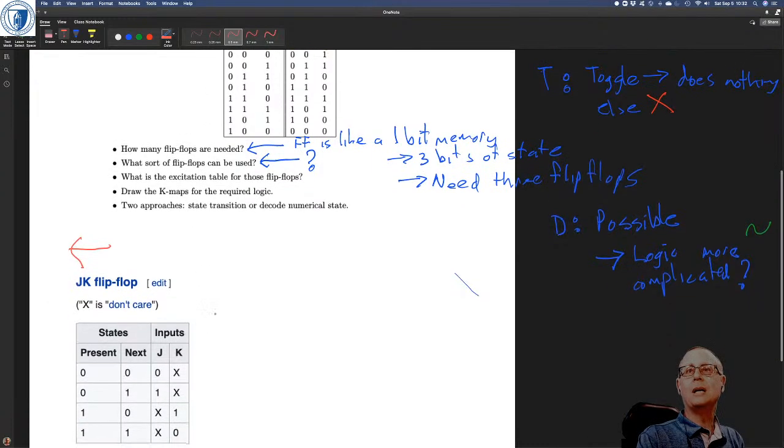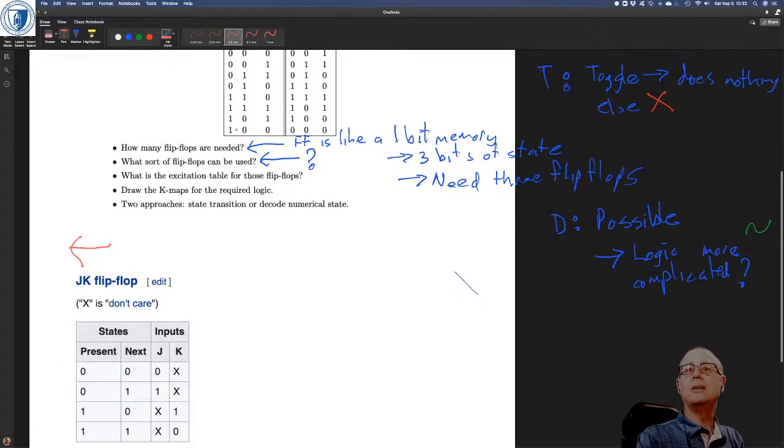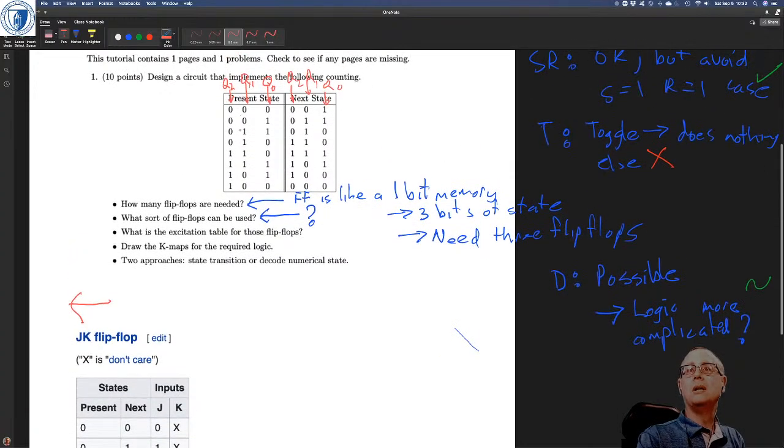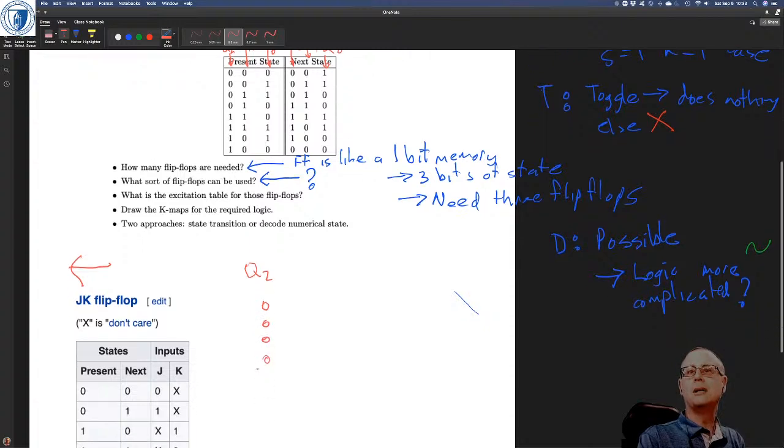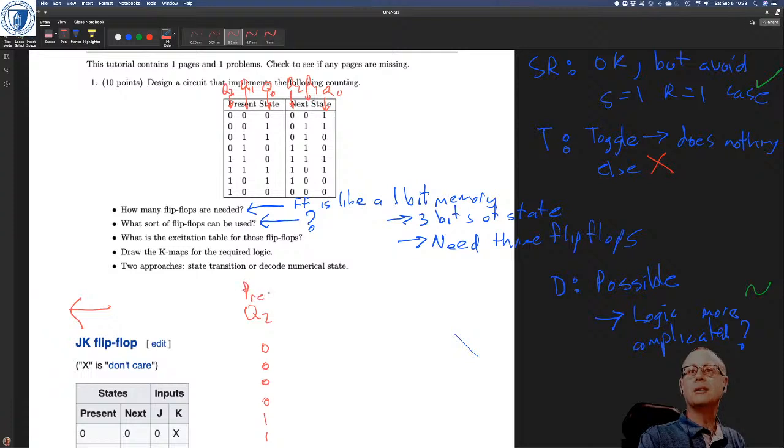Right, so let's think about it. Let's just pull out Q2, right? And we've got 0, 0, 0, 0, 1, 1, 1, 1. That's the present state.